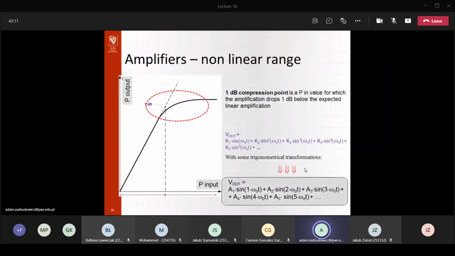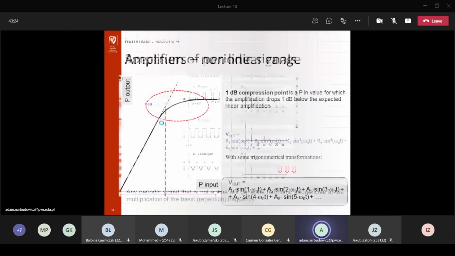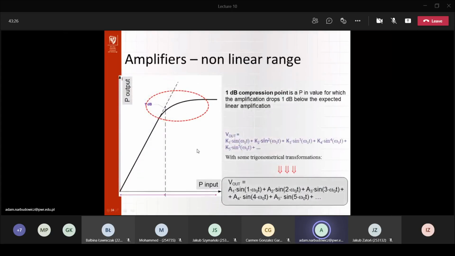So here I actually have an example with an amplifier, but the principle is the same. Typically this is the characteristic of the amplifier.